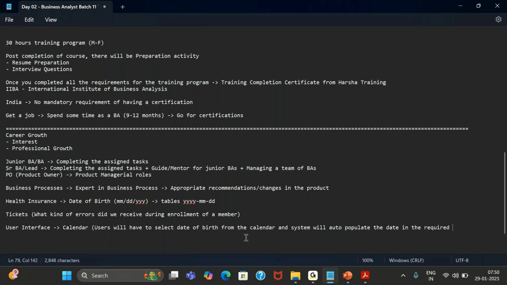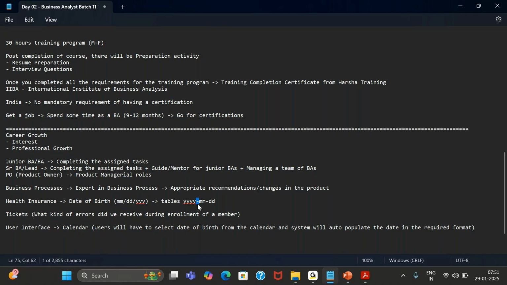Okay, so they just select the date of birth from the calendar, and the system would see the date and put it in the required format, which is this one. So naturally when it comes to our system, it will automatically be translated from this format to this format. Okay, so we started seeing fewer errors related to date of birth.